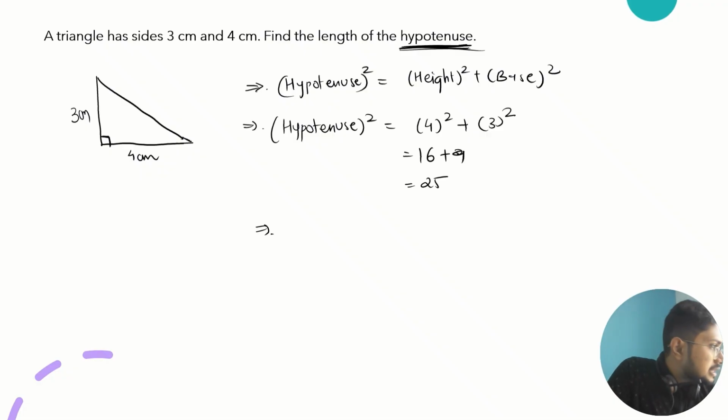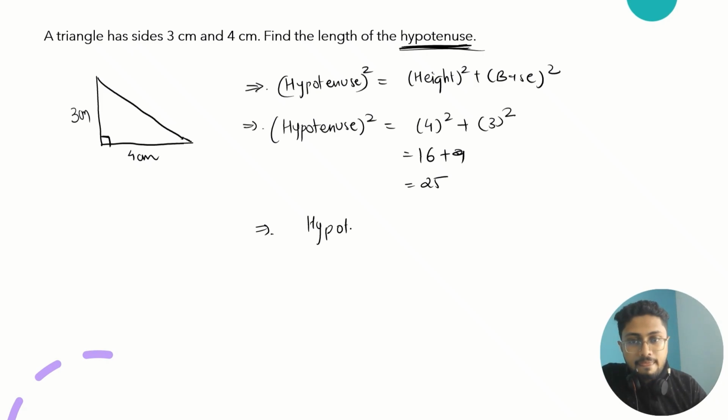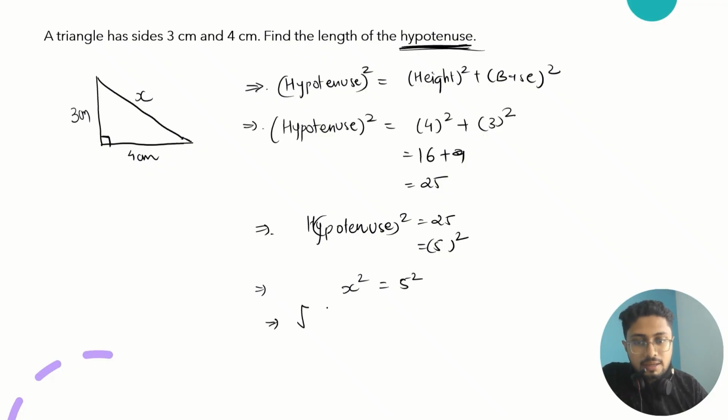So hypotenuse square is equal to 25, which is 5 square. Consider the hypotenuse as x. So x square is equal to 5 square. If I take the square root on both sides, x is equal to 5 centimeter.